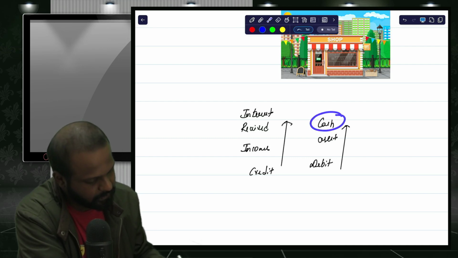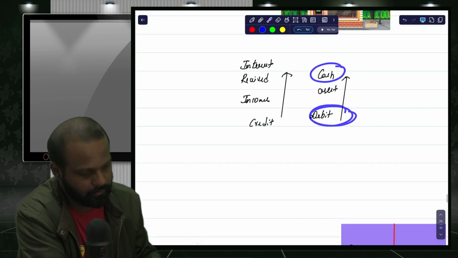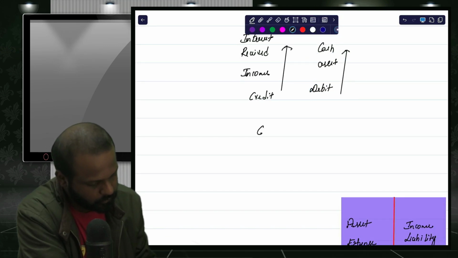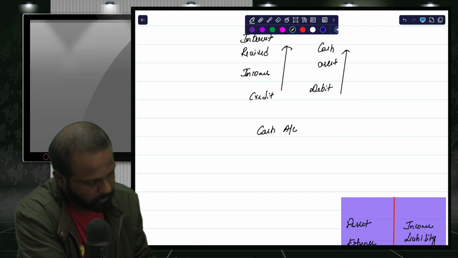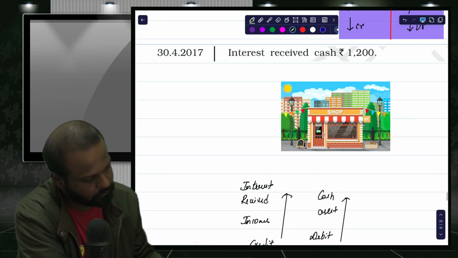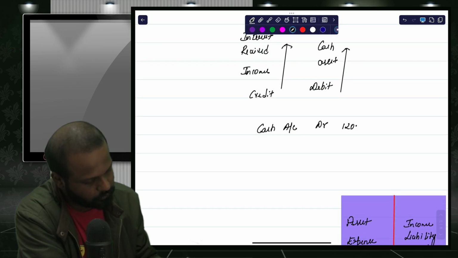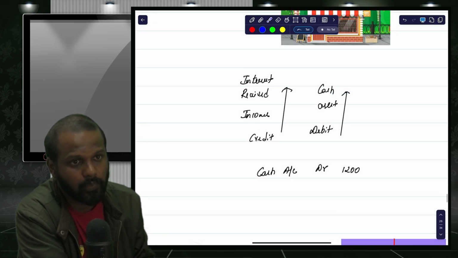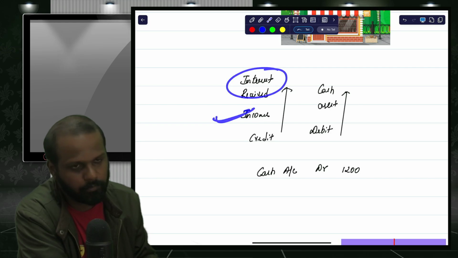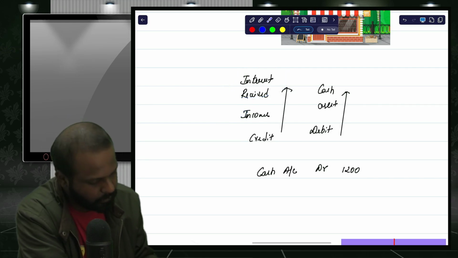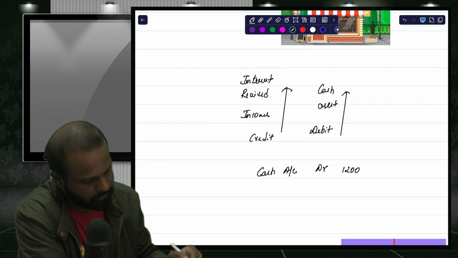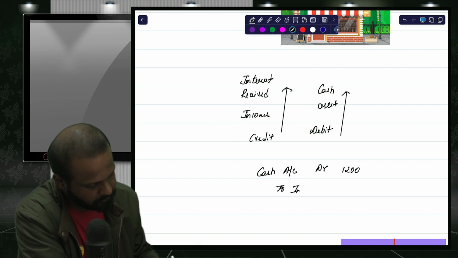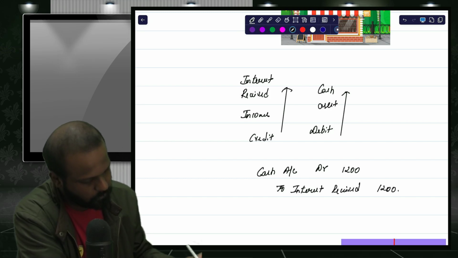So cash is an asset. Asset increases, we do debit. So cash account debit 1,200. Interest received is an income, and to create or increase the income, we do credit. So to interest received 1,200.